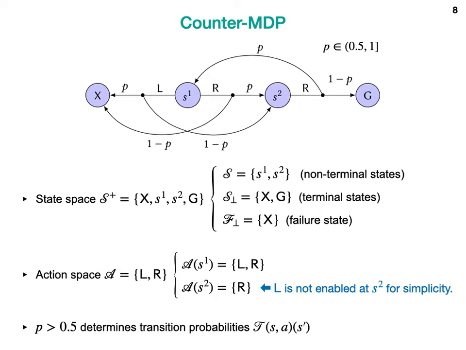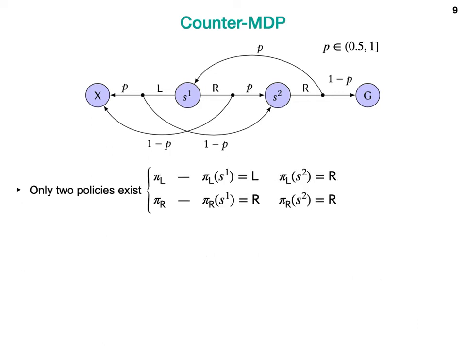The probability P determines the transition probabilities of this counterexample MDP, and we consider the case with P greater than 0.5 only. In this MDP, only two policies exist, since you can choose left or right only at state S1. We denote those policies by pi sub L and pi sub R.